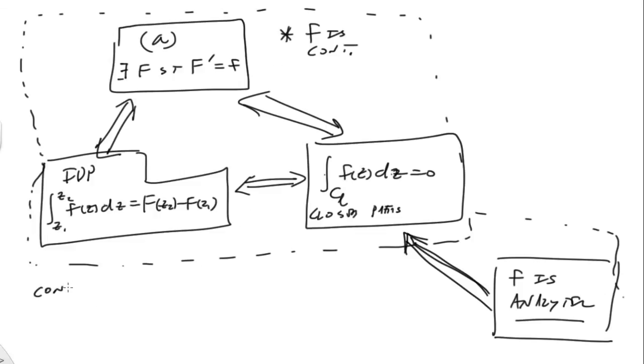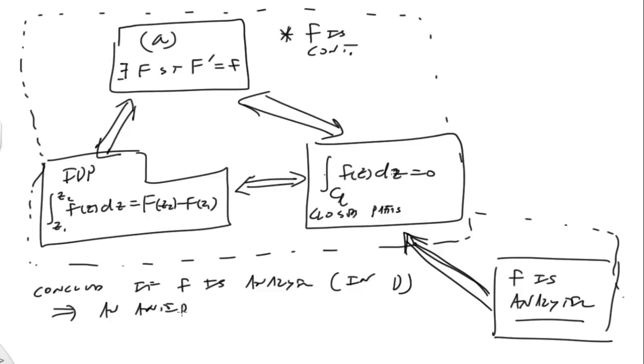So we can conclude, if f is analytic in some domain of interest, then an antiderivative exists, we have independence of path, and of course integrals over all closed contours are 0.